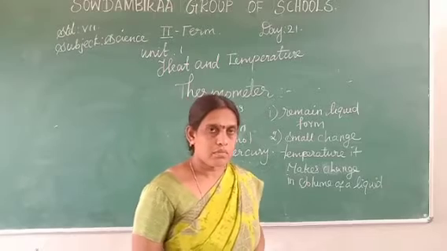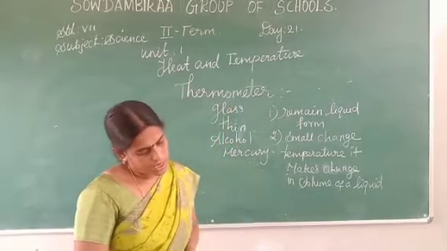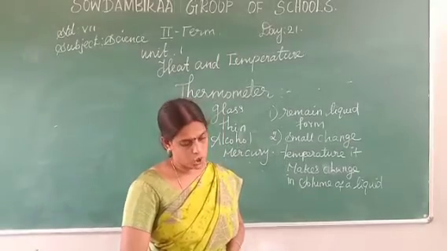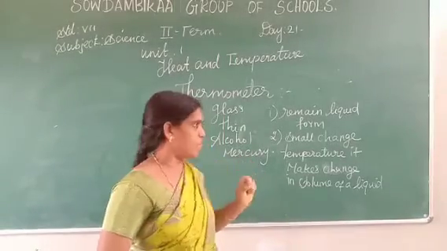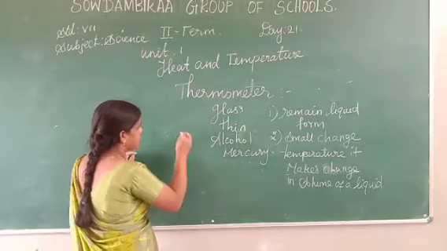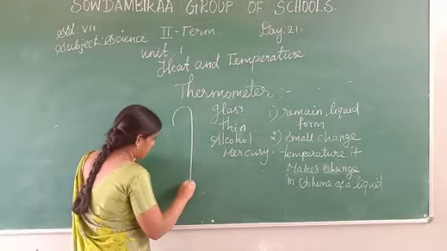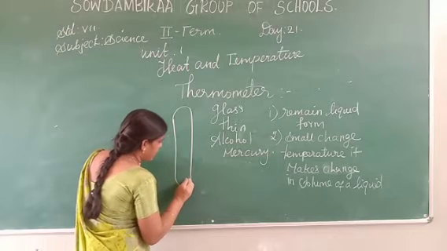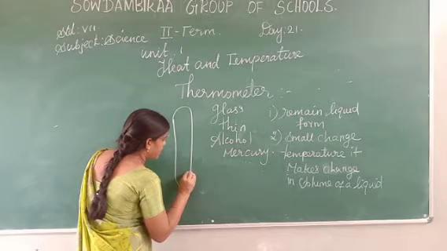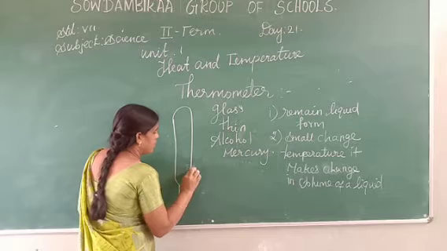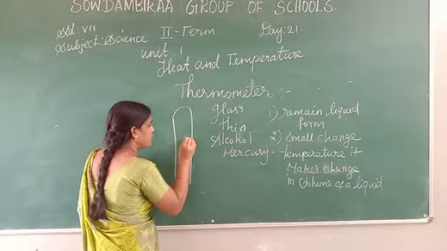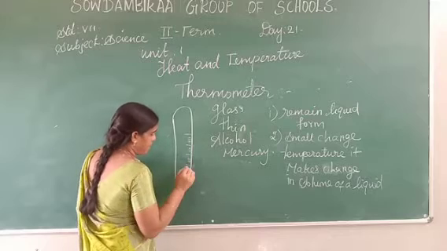Next, we measure the temperature by measuring the expansion of the liquid in the thermometer. Already told, isn't it? This is the thermometer. This is the bulb. In this place they make measurements for measuring the temperature.